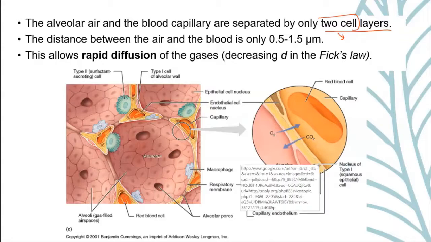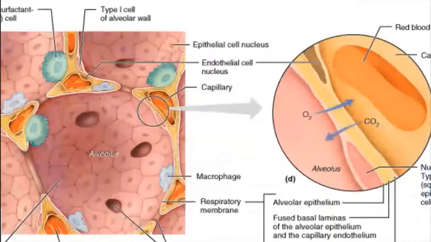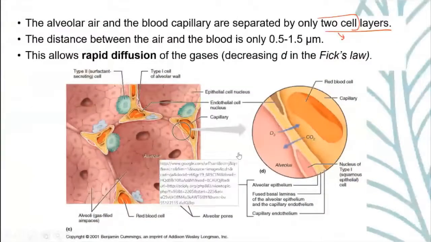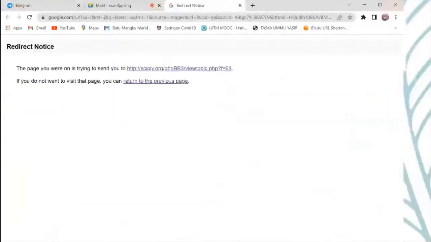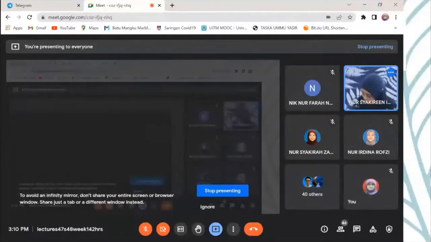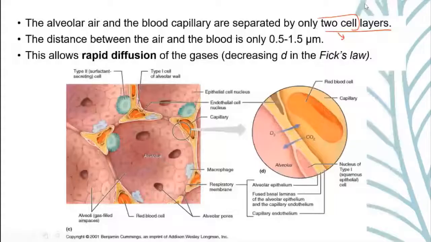So if we look at this diagram, this structure, we name it the respiratory membrane. Okay, respiratory membrane is here.